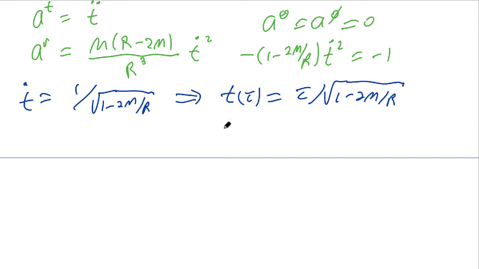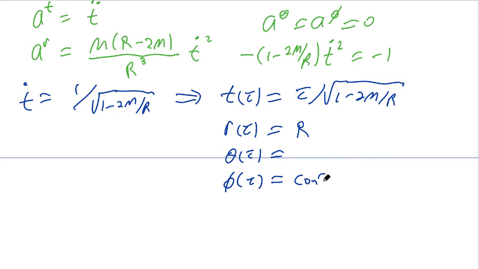So there's t of tau. R of tau is of course a constant, capital R. Theta of tau and phi of tau are just constants. So this is our world line for the observer that's standing on the surface of the Earth.